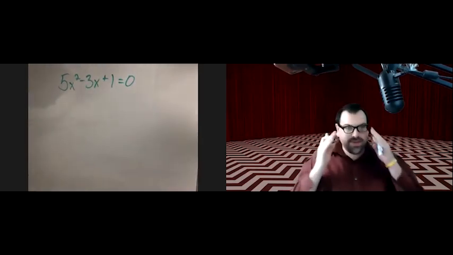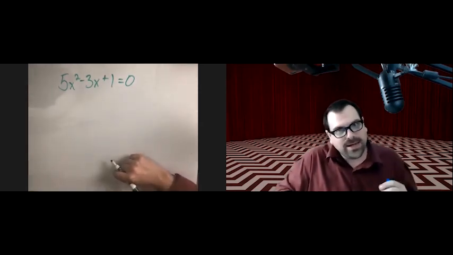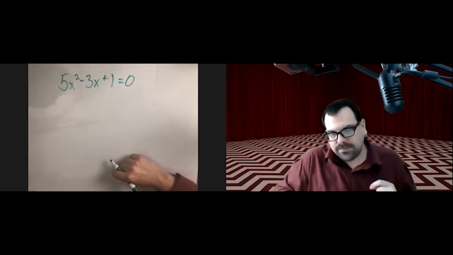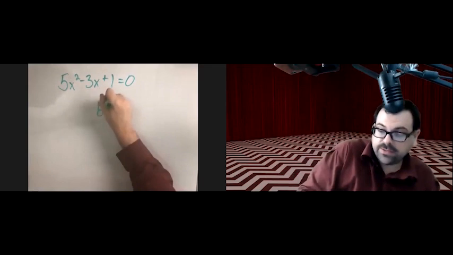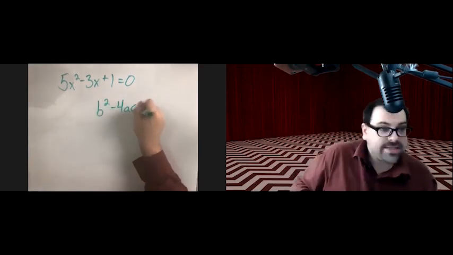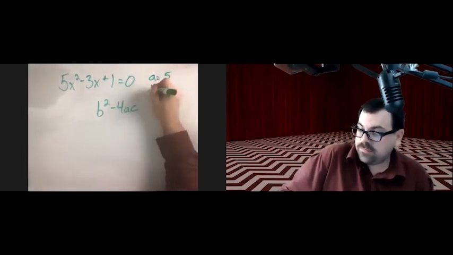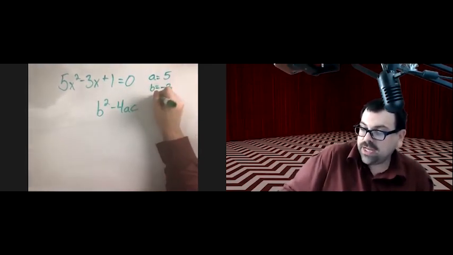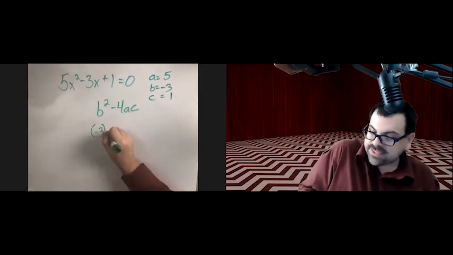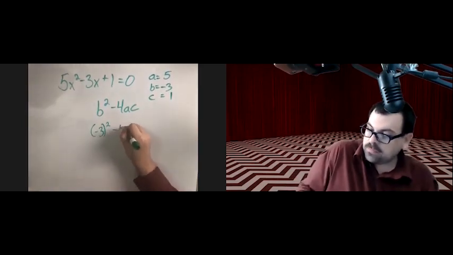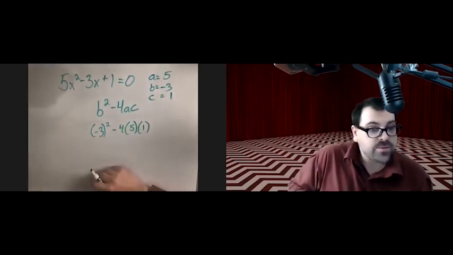If we wanted to, without solving this, find how many solutions and of what type, we would find the discriminant, b squared minus 4ac. And here a would be 5, b would be negative 3, c would be positive 1. So this is negative 3 squared minus 4 times 5 times 1.